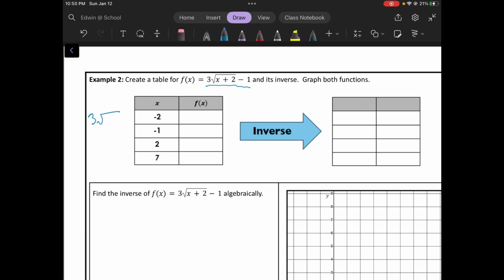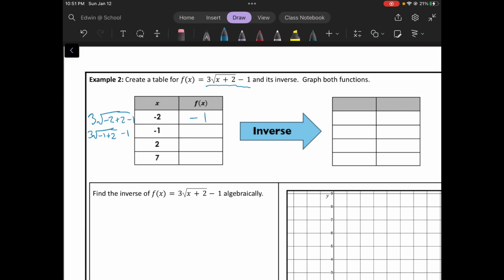Whenever we plug in that x value, we're going to have negative 2 plus 2, minus 1. So the inside term is going to cancel out, and we're just going to be left with minus 1. Feel free to go through the arithmetic slower if you need to. Now we're going to plug in negative 1 into this equation.